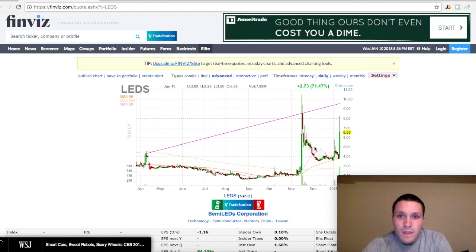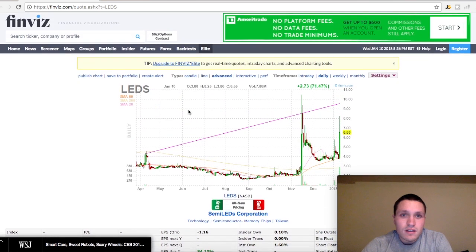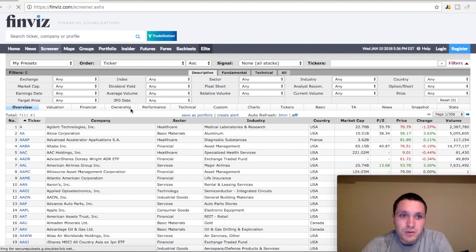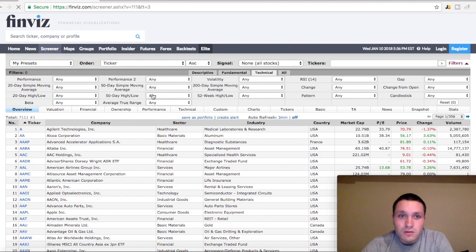This gives you some information about the company you're looking at. One other thing quick: you can pull up screeners on here too, which are useful. There's a lot of ads on the site, but it's a good site. You can pull up screeners, descriptive, fundamental, technical.